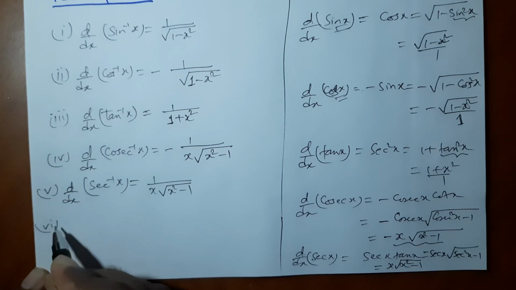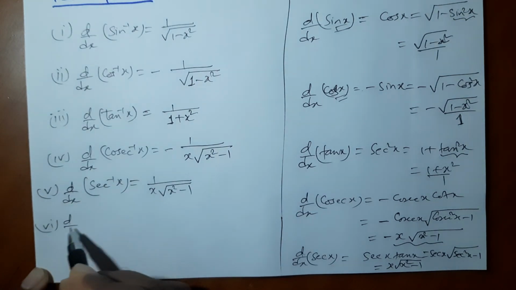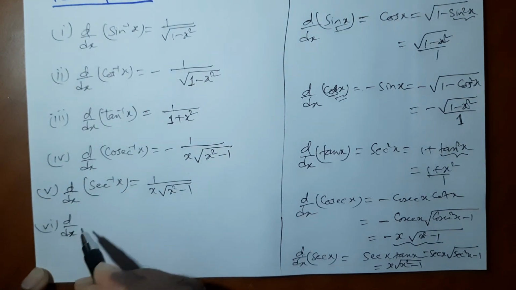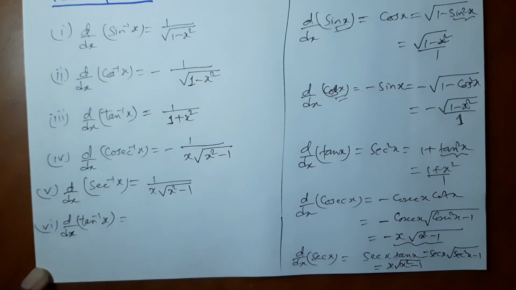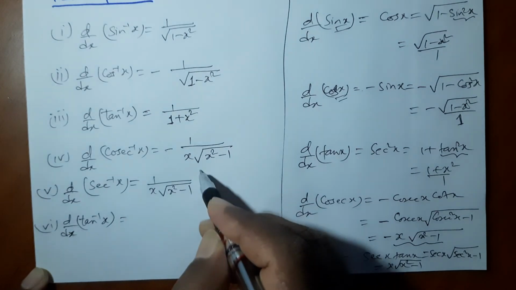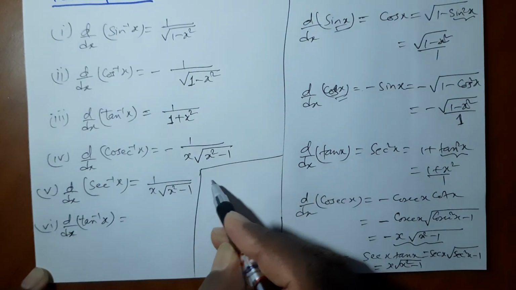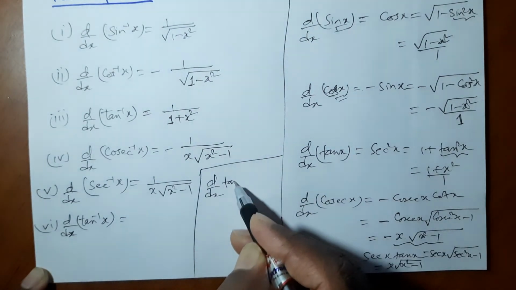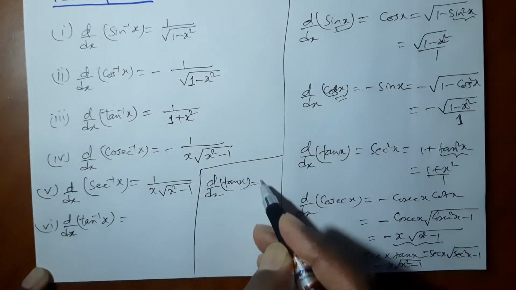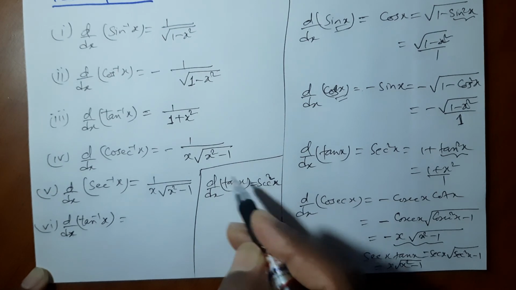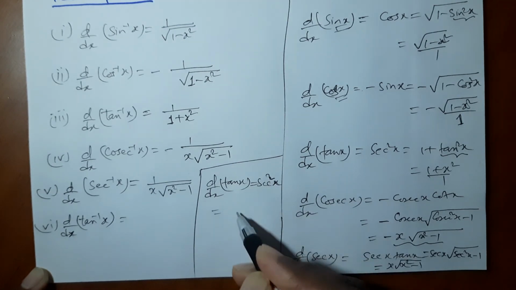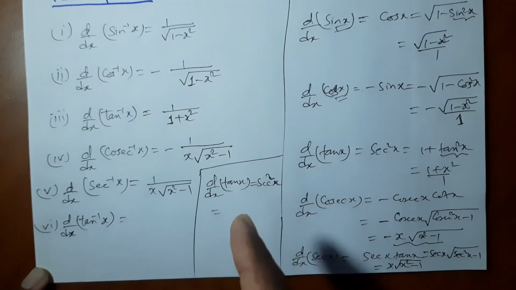And next to that let us write the derivative, dy dx of tan inverse x. Okay, so for tan inverse x derivative, let us write dy dx of tan x, and then its derivative will be sec square x, you know, and sec square x also expressed in terms of this tan, what was the original function, in terms of that we will express.